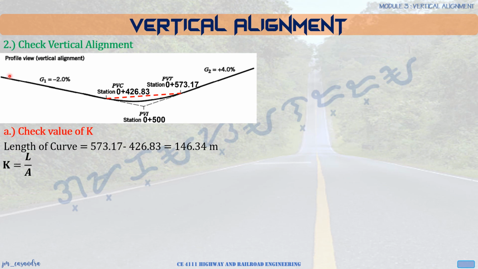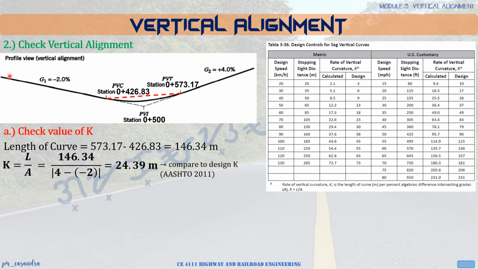Okay, so with that, applying now the equation, we have computed A already a while ago. So K is equal now to 24.39 meters. So again, we compare our computed value to the designed K from AASHTO 2011. So we are in meters, so we use the metric table.